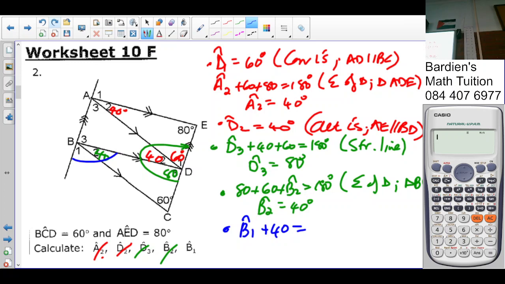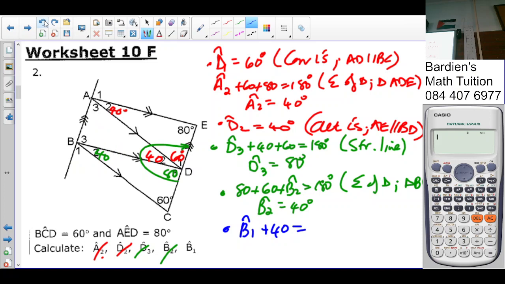I just need to see where she's going with this. So you say B1 plus 40 is equal to 80. Where are you getting the 80? B1 is on a straight line, but you don't have B3. You need B3 for the straight line. You understand? But well done so far. Are you going to calculate B1?